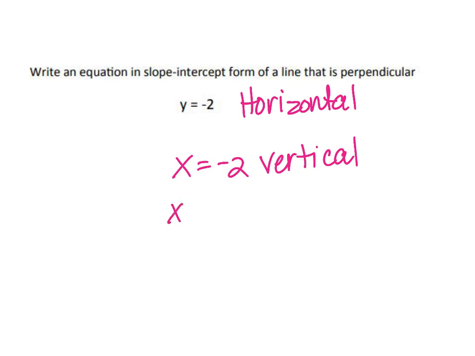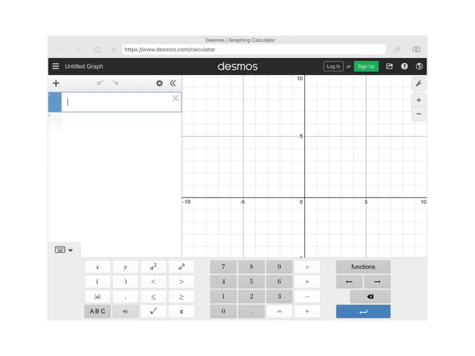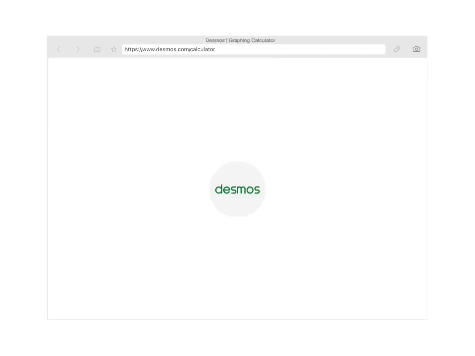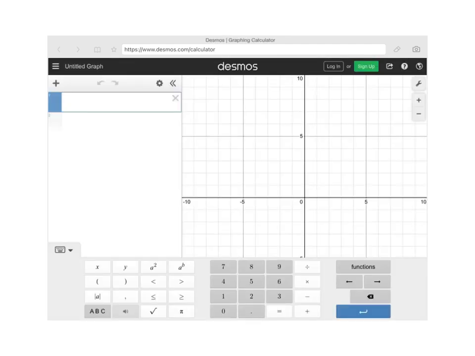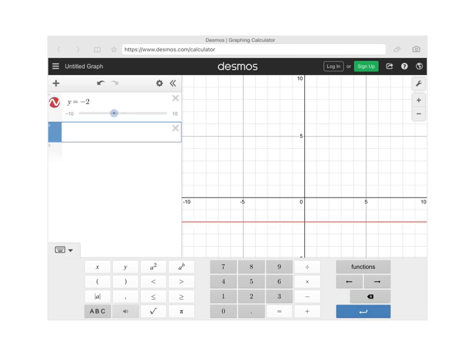It can also be x equals 3, x equals 1/2, whatever. They would all form perpendicular lines. Let's see what we have. So y equals -2. There's that one. And then the next one just needs to be x equals any number, and I'm just going to go with -2. So there again is our perpendicular pair of lines.